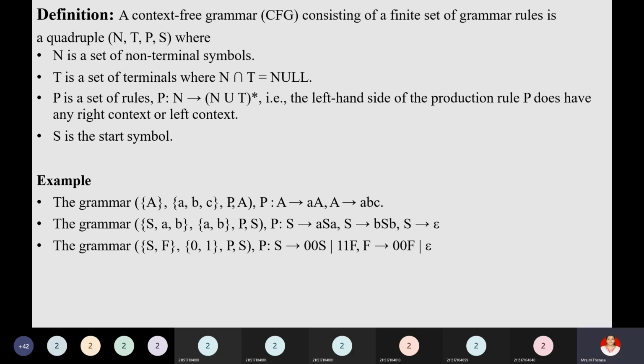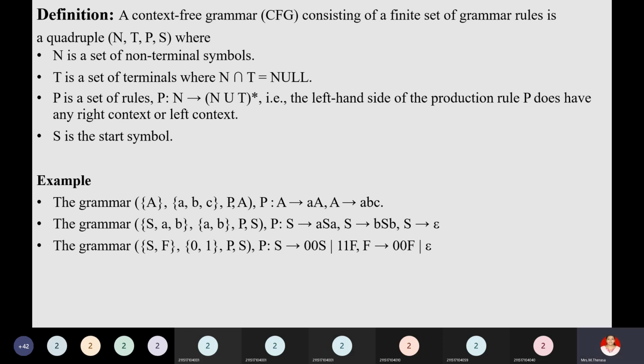Otherwise, instead of N, we can also use V to say it as a variable. So you can represent G is equal to (N, T, P, S), or we can represent it as (V, T, P, S), where V is nothing but the variables, or else you can represent by N, which is nothing but non-terminals. Non-terminals are otherwise called variables.